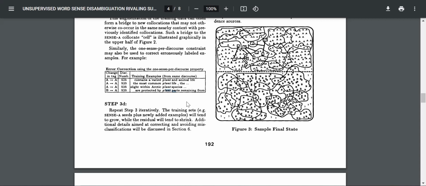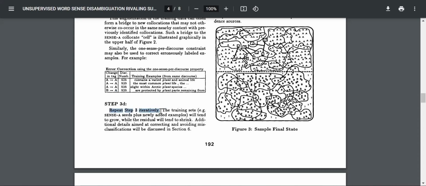But given the additional information that the sense for this discourse is biological, they may conclude that this is a part of discourse sense A.